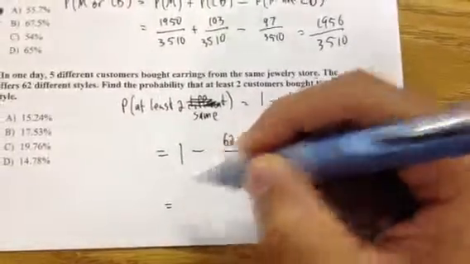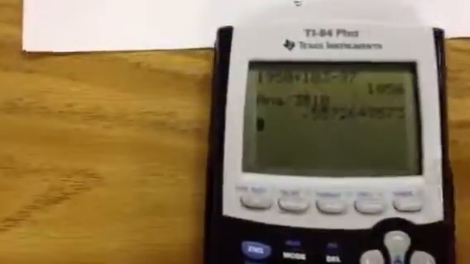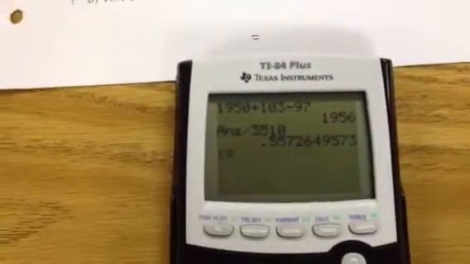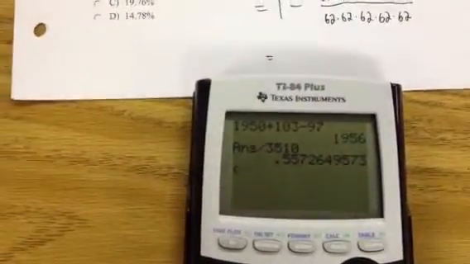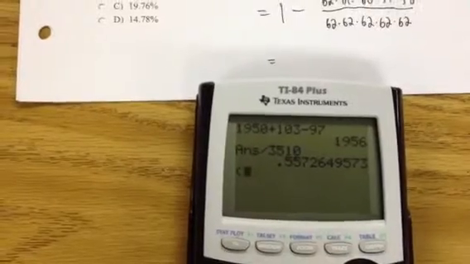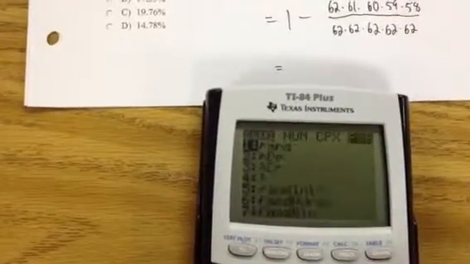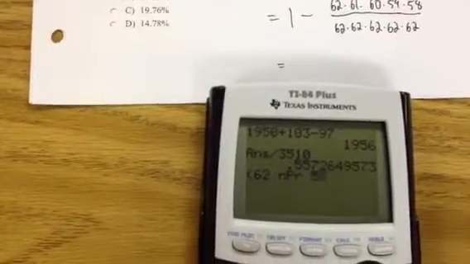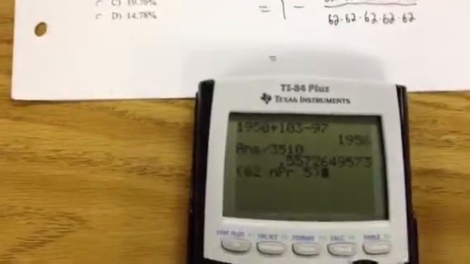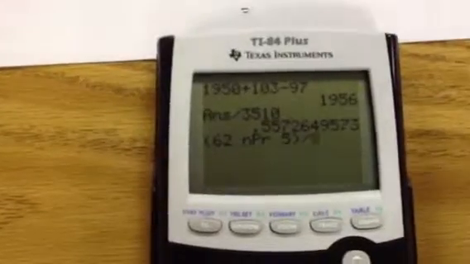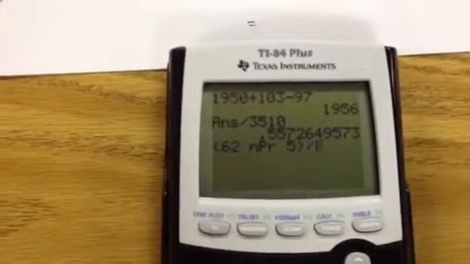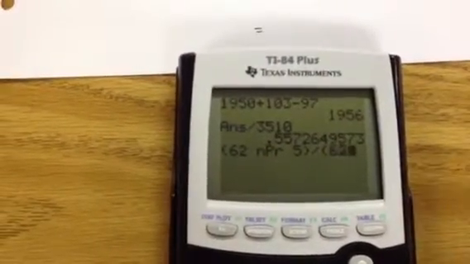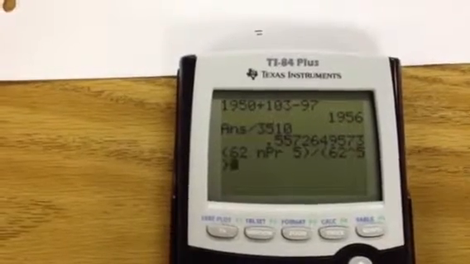So I'm going to plug it into my calculator here real quick. I'm going to do 62, math, option number 2, P5. That's the numerator. And then I'm going to divide that by 62 to the 5th power.